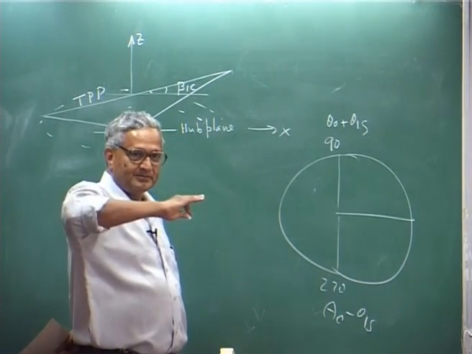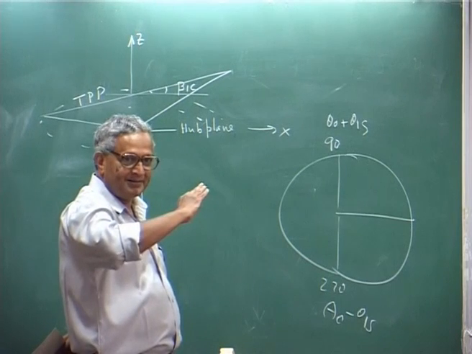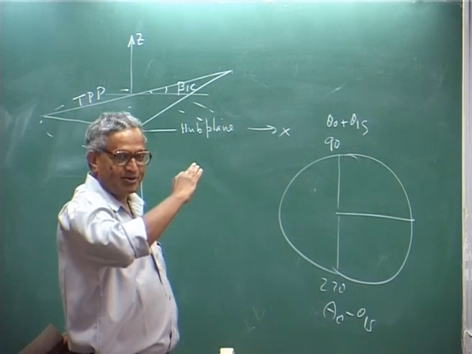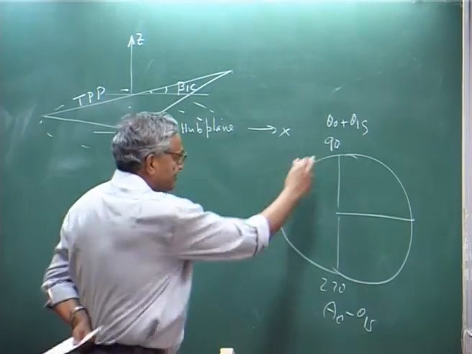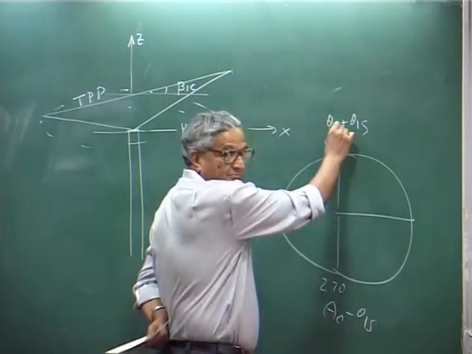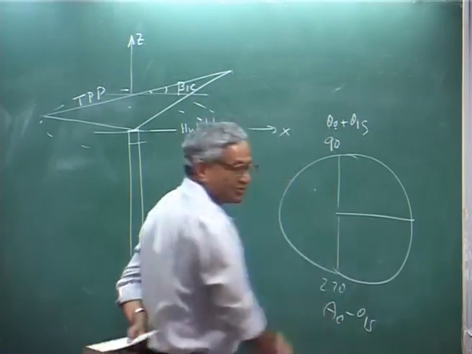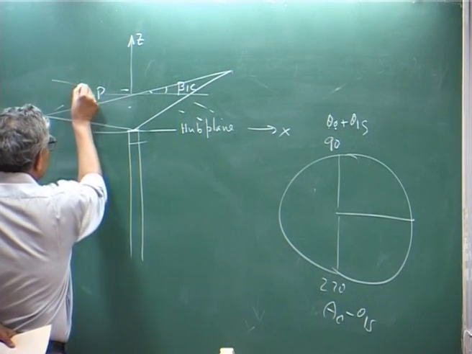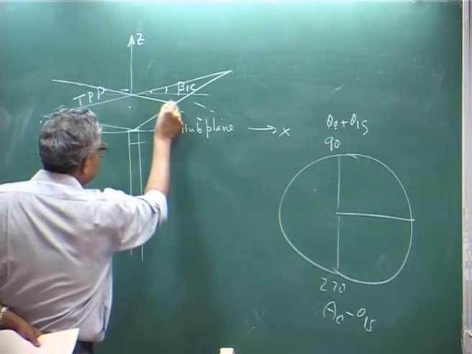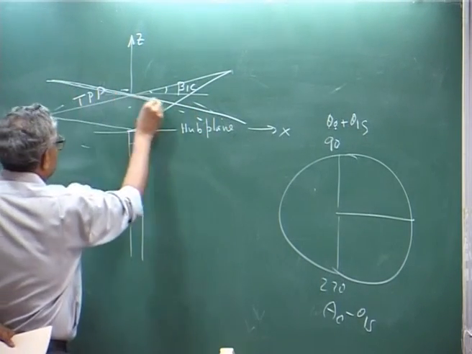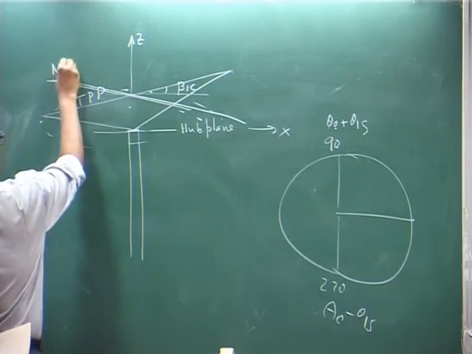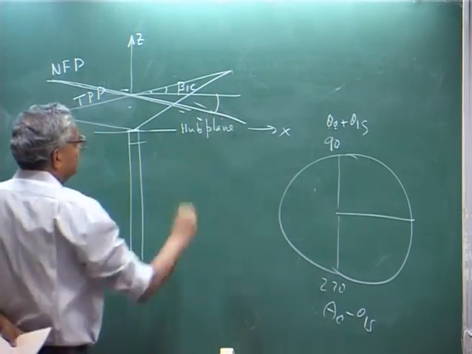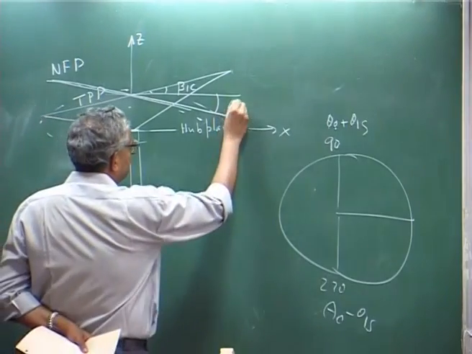That means, the plane should tilt a little this way, because theta naught is same, theta 1s you have gone up, that means you are trying to reduce the angle. So, your no feathering plane will be, I may draw like this, okay. No feathering plane with this angle, that is theta 1s.